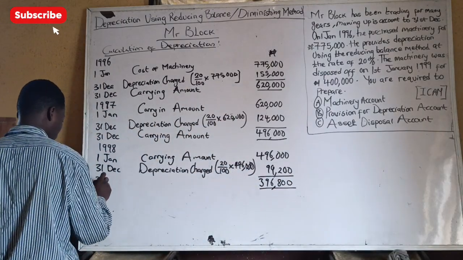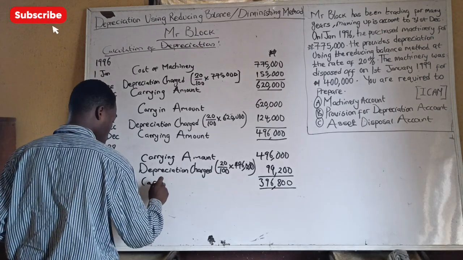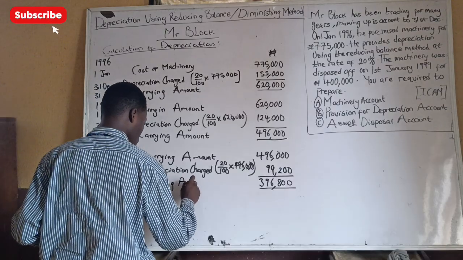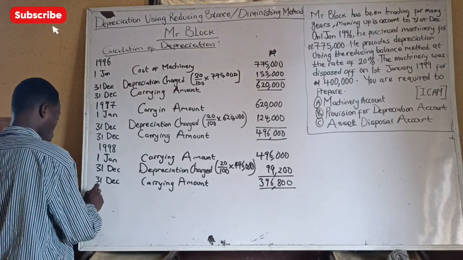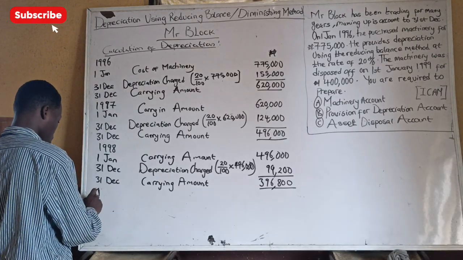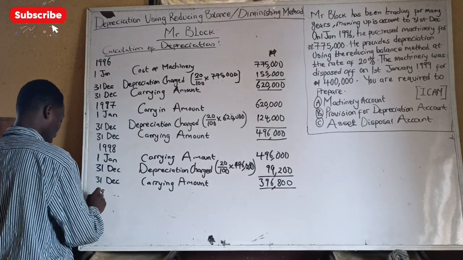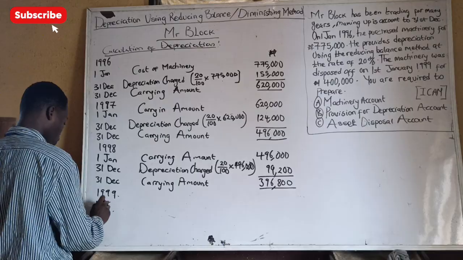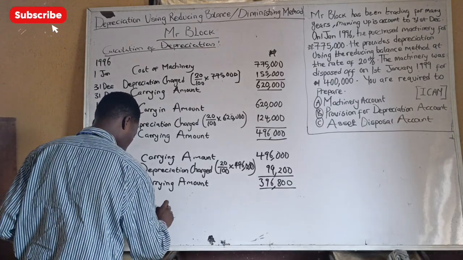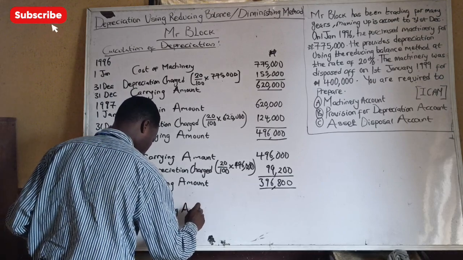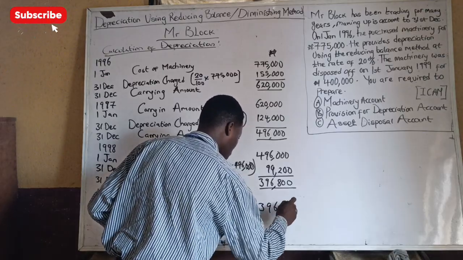So we say that on 31st December, the carrying amount is 396,800. So on first of January for year 1999, we are going to have the carrying amount to be 396,800.